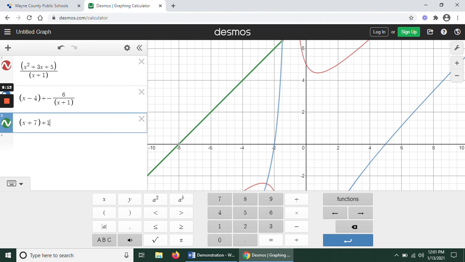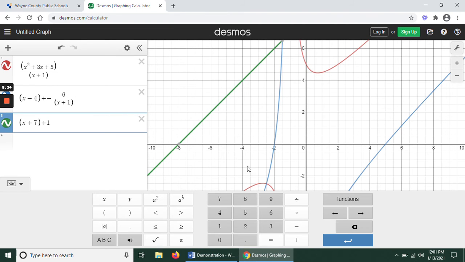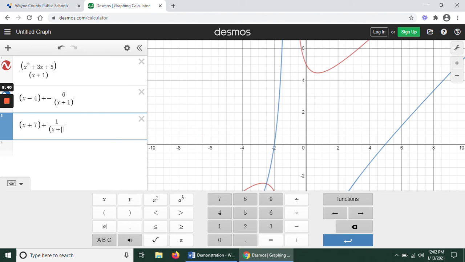Now I'm going to write 1 over x plus 1. X plus 1 is the divisor. So I'm going to write the remainder, which is 1 for B, over the divisor x plus 1.